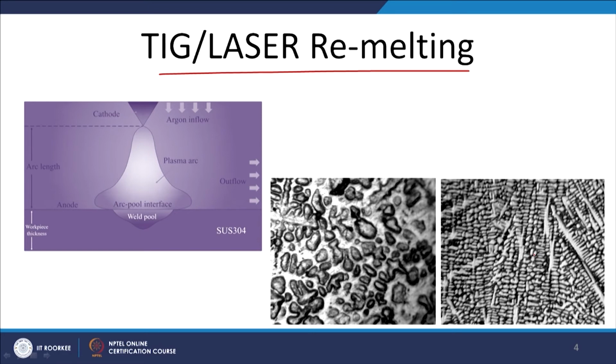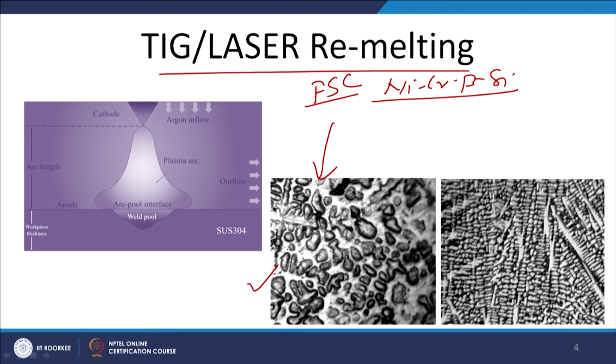In this particular case, a flame spray coating of nickel, chromium, boron, silicon was deposited, and this resulted in a coarse grain structure like this.